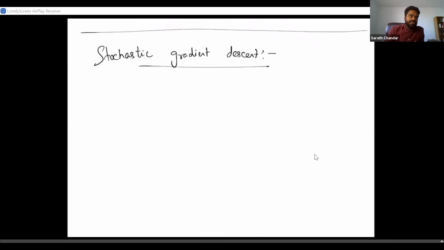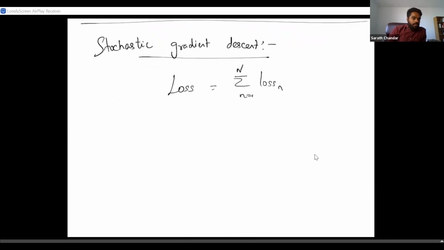Okay, so how does stochastic gradient descent work? To understand that, let's take the loss function, which can again be decomposed into a summation over n different loss functions, n equal to 1 to N. For every data point, you have a loss function. So now we can approximate this total loss by just sampling one of these N data points and computing the loss for that.